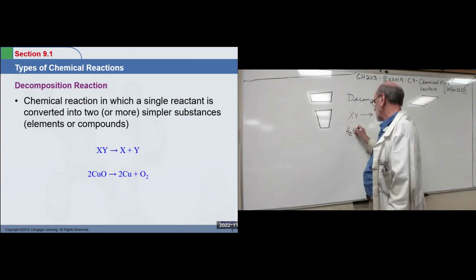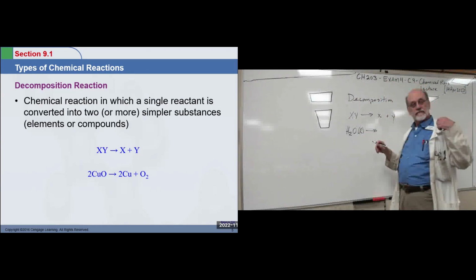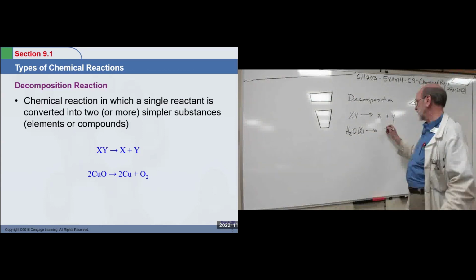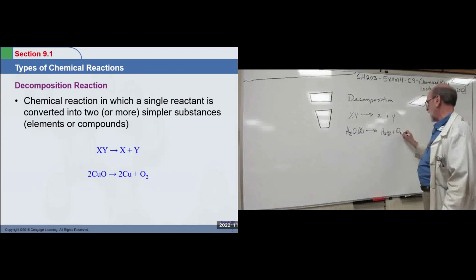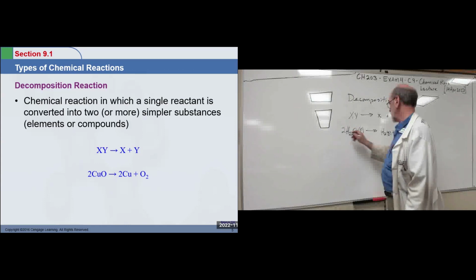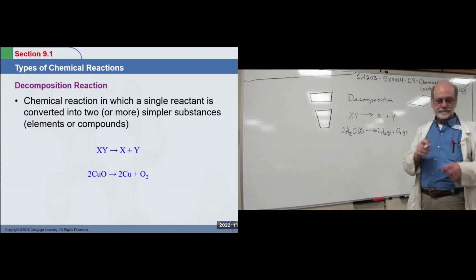We have water, and you drive a direct current through it and split the hydrogen and oxygen apart. And you get hydrogen gas and oxygen gas. Well, let's see, we need to balance that, don't we? 2 here and 2 there. So that would be a decomposition.